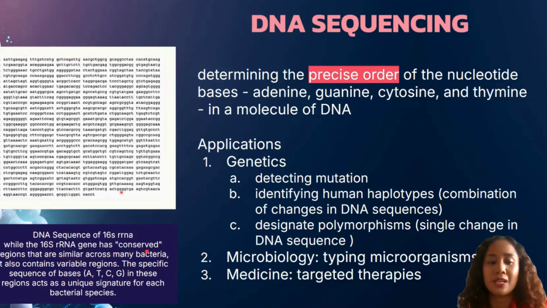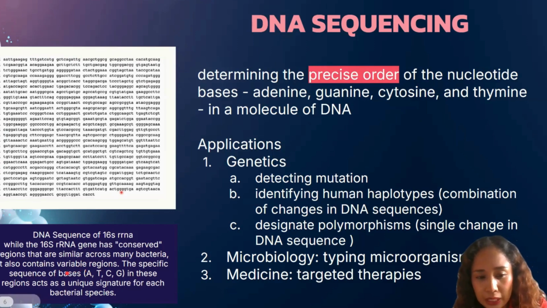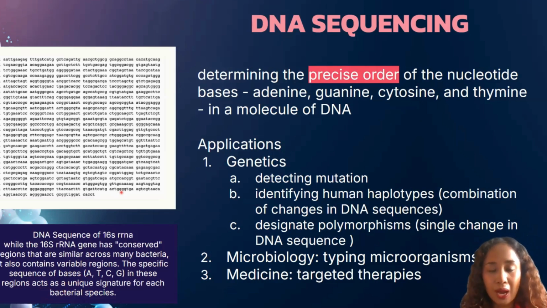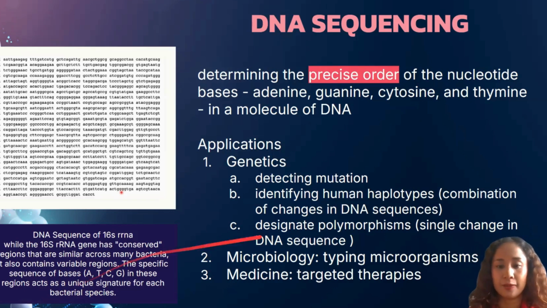This is conserved, meaning all of your bacteria have this region. However, it also has variable regions. These variable regions act as a unique signature for each bacterial species, so different species have different sequences in the variable region of the 16S rRNA.